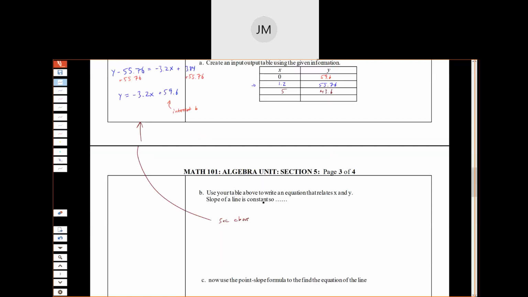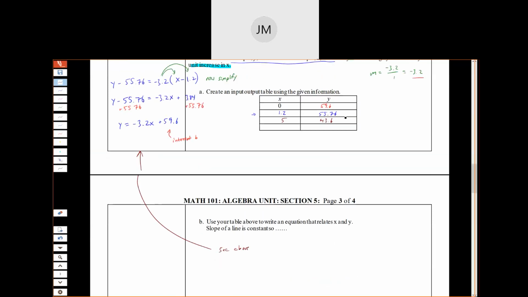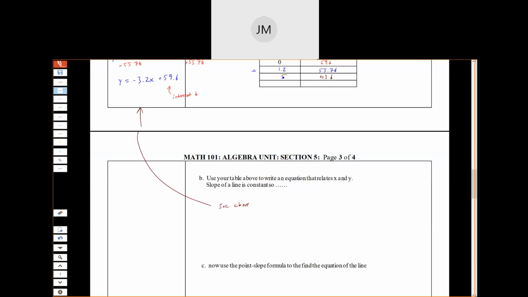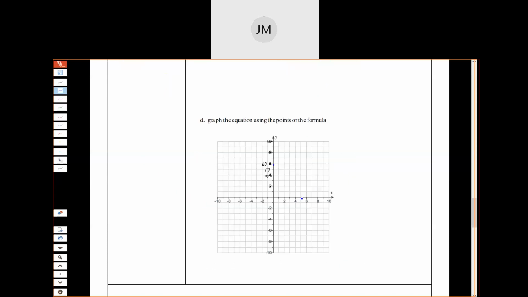My y-intercept is 59.6, so just under 60. When x is 5, I'll use that point because it's nice and convenient. My y value is 43.6. So I'll go over to 5, find 40, and 43.6 is probably somewhere here. And I can connect them to make the line.